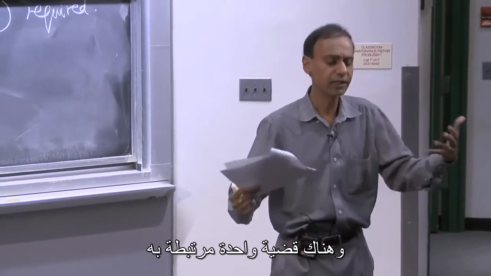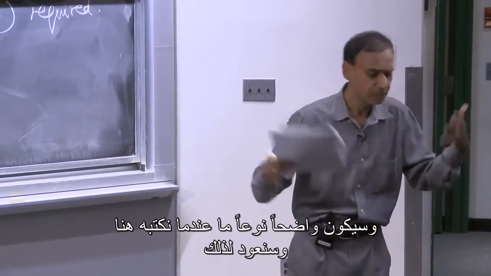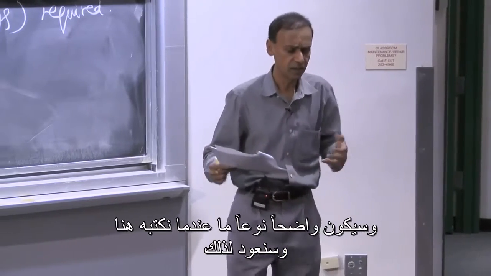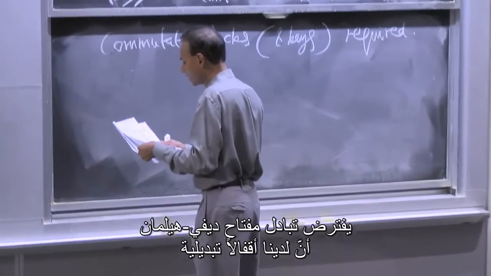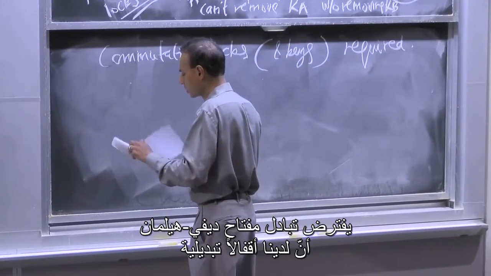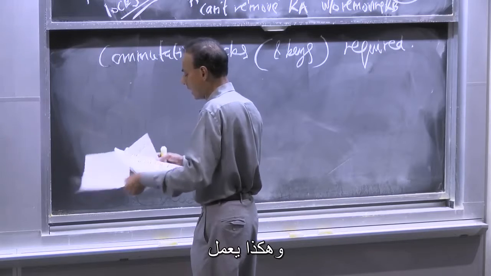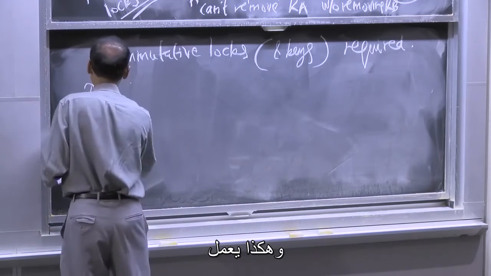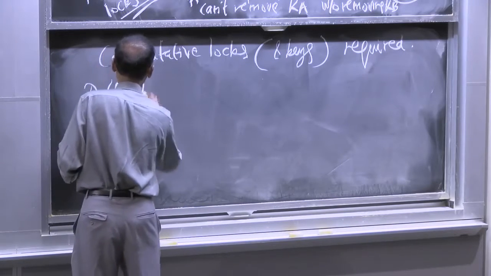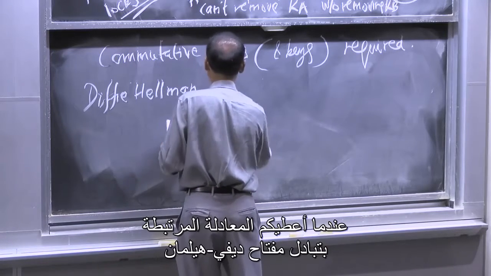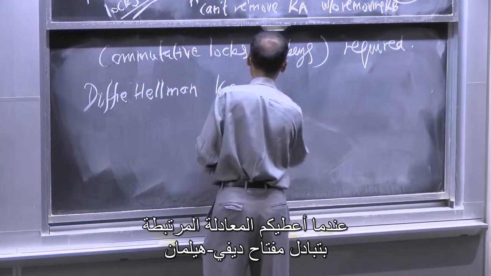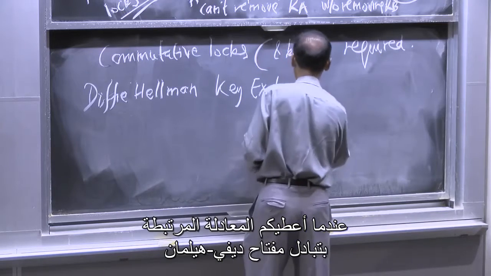And there's one issue associated with it that will be clear once we write it out, that we'll get back to. But Diffie-Hellman key exchange assumes that you have commutative locks, and this is how it works. You'll see what commutes when I give you the equations associated with Diffie-Hellman key exchange.